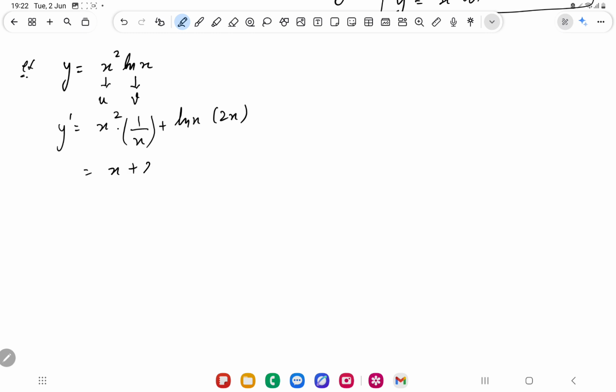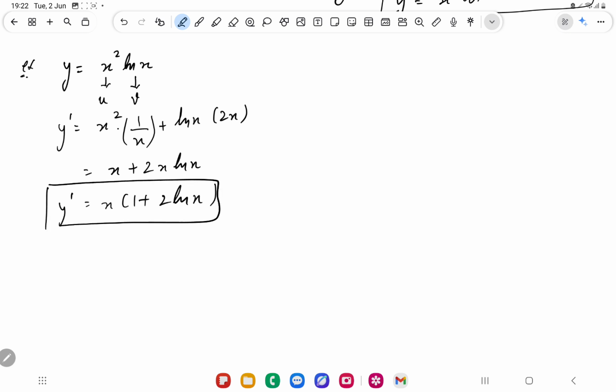So this will give me x plus 2x ln x, or I can take x common. So this is my y dash. But what if I change this question to y is equal to, let's say, (2x plus 1) whole cube multiplied by ln x. Now you cannot directly apply product rule in this.